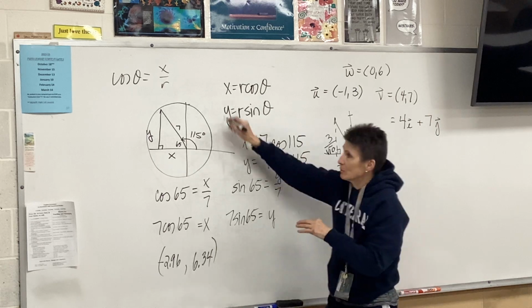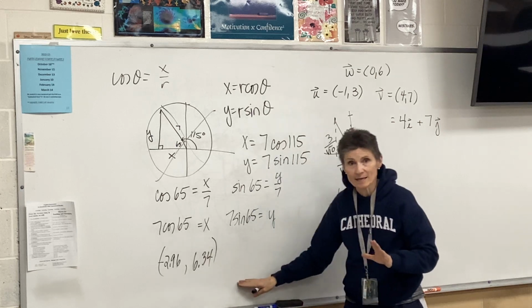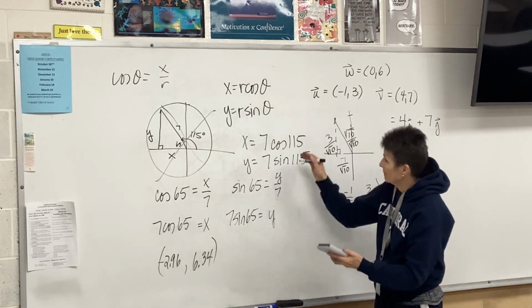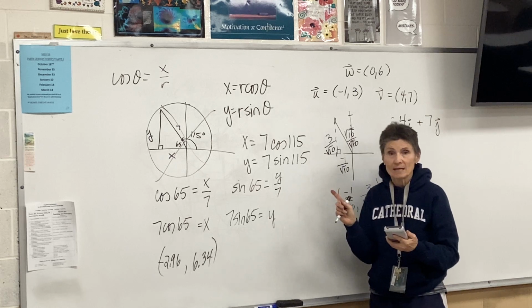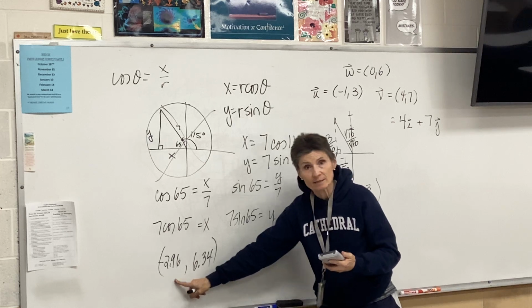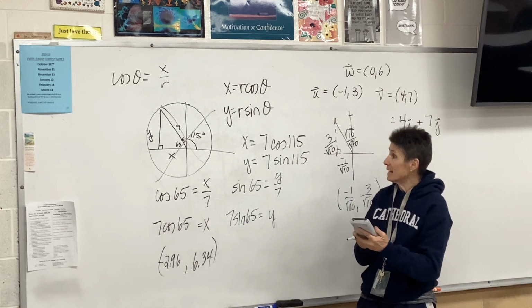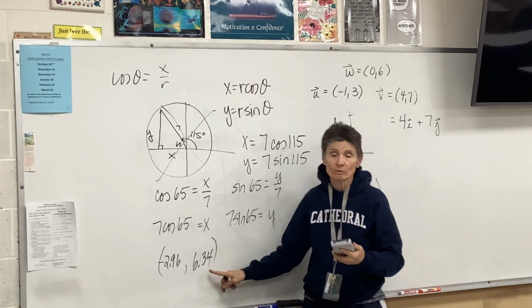See, if I do this, I don't need a picture. I don't need a reference angle. I don't need to worry about signs. Because when you type in 7 cosine 115, guess what? It comes out to be negative 2.96. And then 7 sine 115 is positive 6.34.